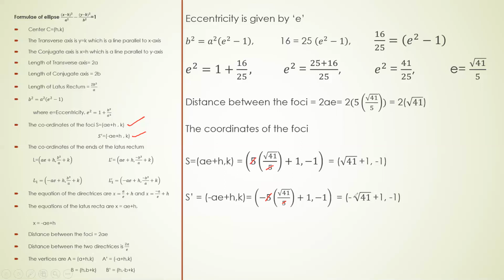We'll be left with (minus root 41 plus 1, -1). So these are the coordinates of the foci. And this is how we are going to solve problems on hyperbola.